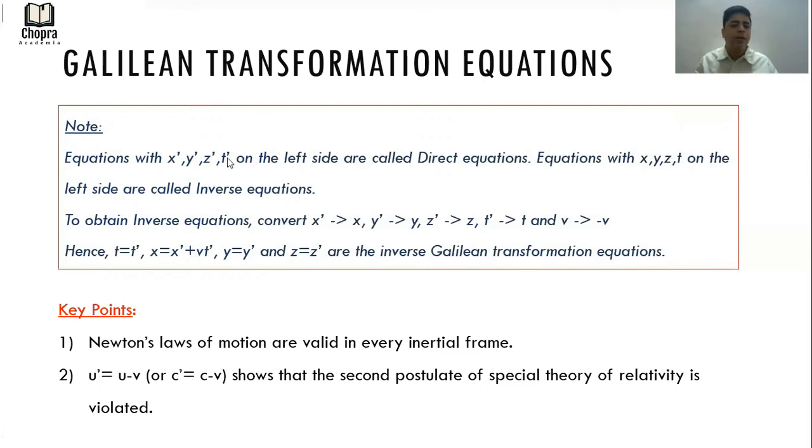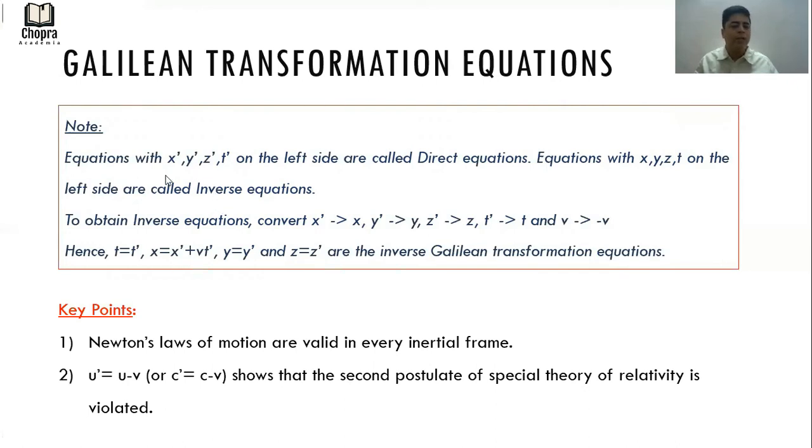If the unprimed quantities x, y, z, t appear on the left hand side, these are called inverse equations or inverse Galilean transformation equations. But please remember, if primed quantities are on the left hand side, then only the unprimed quantities will be available on the right hand side. So there should be no mixing of primed and unprimed.